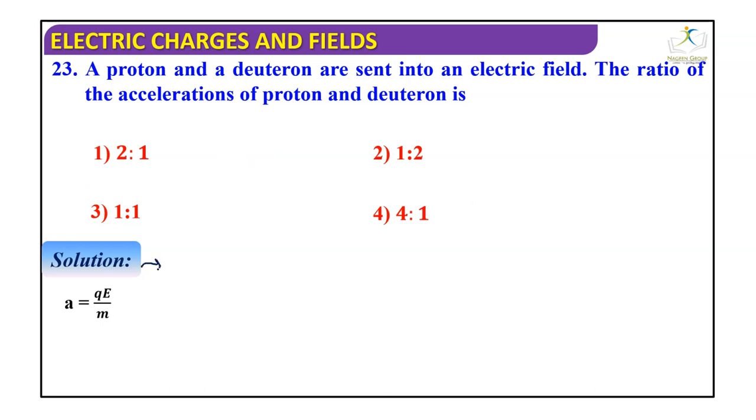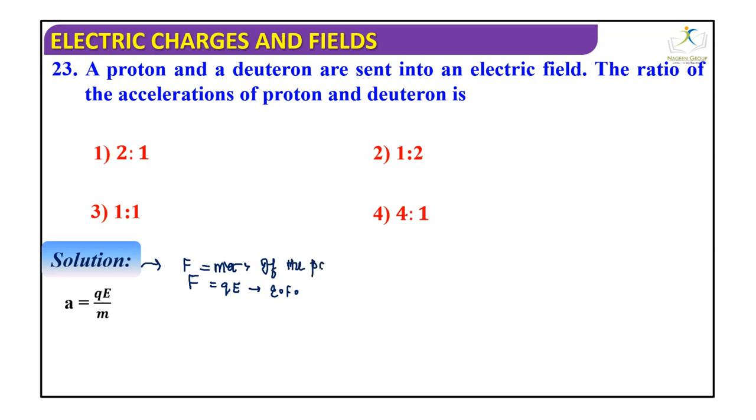We know that the value of F is equal to ma, and the value of F is equal to QE. This is for the electric field: in the presence of an electric field, this force is applied, and the particle feels acceleration.